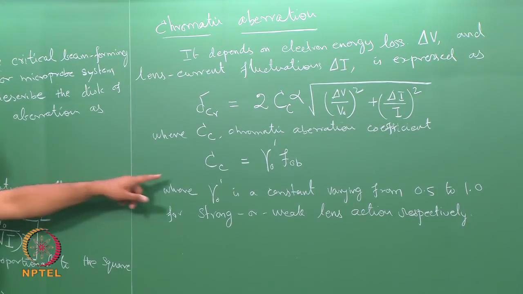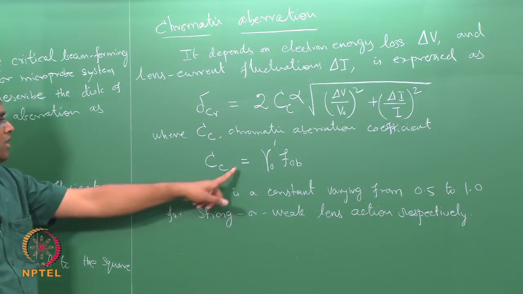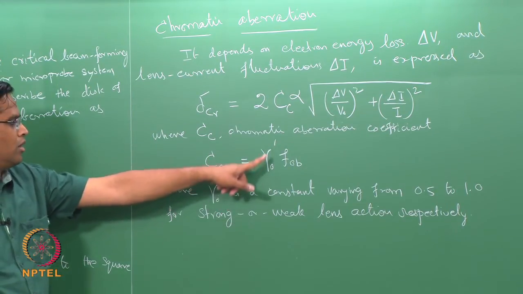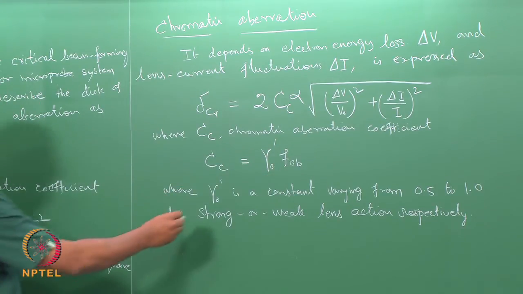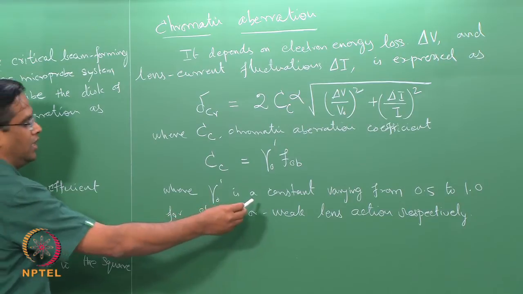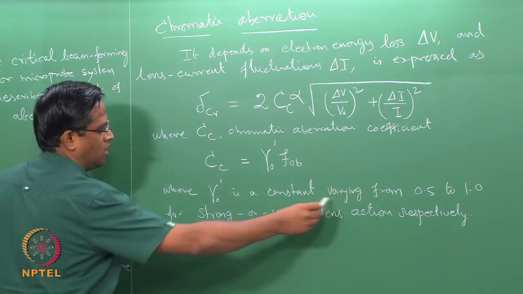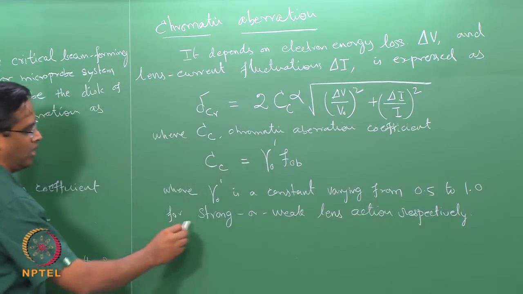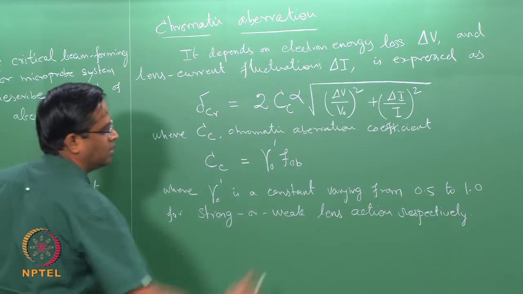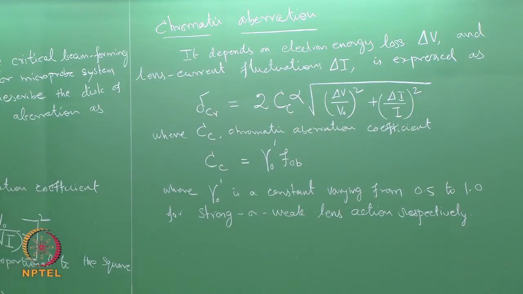So you have this chromatic aberration coefficient equal to gamma naught prime times the focal length of the objective, and gamma naught prime is a constant varying from 0.5 to 1 for a strong or a weak lens action respectively.